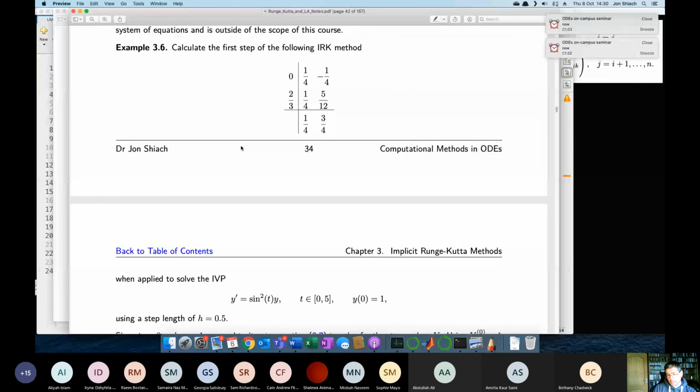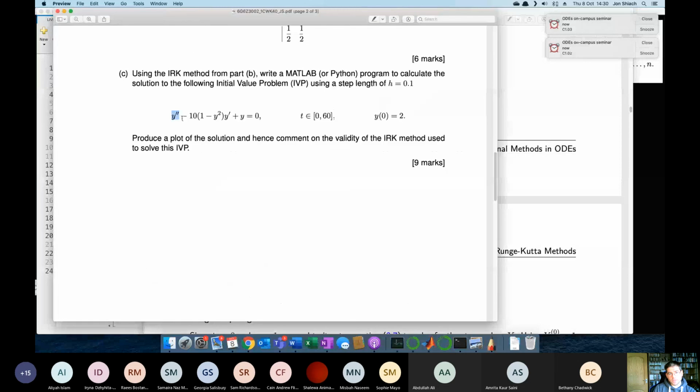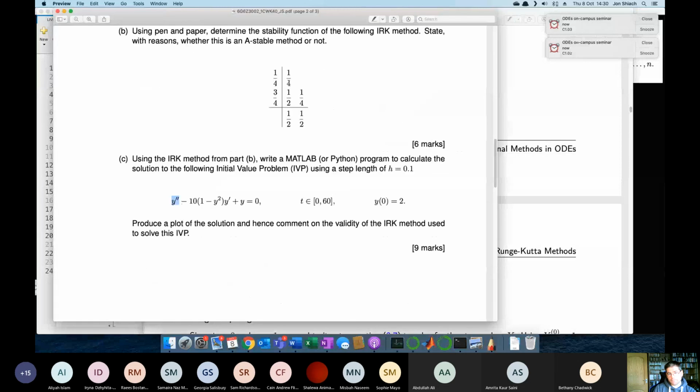A little hint: look at your A matrix in this method. That will give you a hint about any improvements you can make on the code in the notes. If you use the code in the notes and adapt it for this system, that'll be fine. But there is a way of improving on this code in the notes.